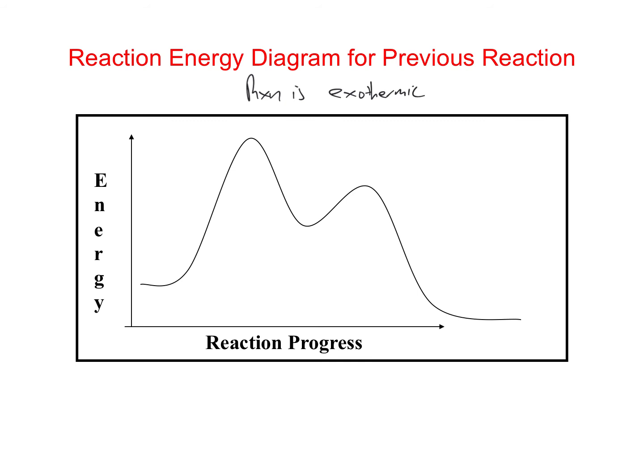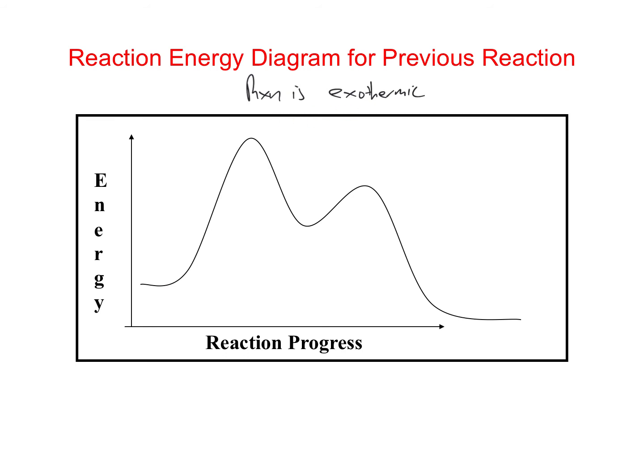And so what that's telling me is, how does the energy of the reactants relate to the energy of the products? If the reaction is exothermic, the reaction should be losing energy, or enthalpy. I'm sort of using those interchangeably. That's not 100% correct, but it'll work for this discussion. And so, indeed, the products are lower in energy than the reactants, so that's consistent with the reaction being exothermic.